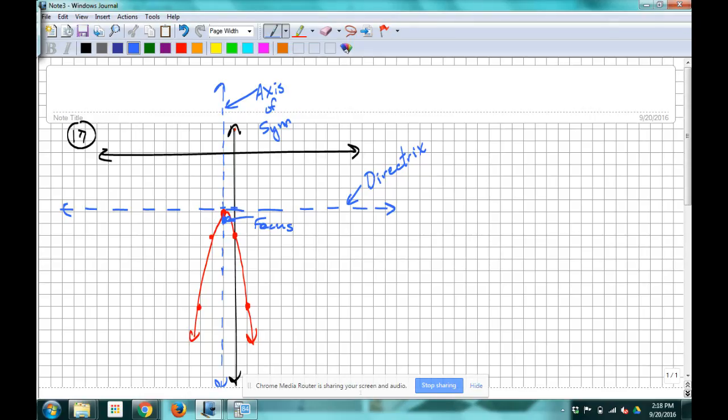So we found all of that stuff, and then we drew a graph with it. Okay. So we plotted 5 points on the graph. 1, 2, 3, 4, 5. And then we plotted the focus. We drew the axis of symmetry and the directrix. That's what I want to see on a graph of these.